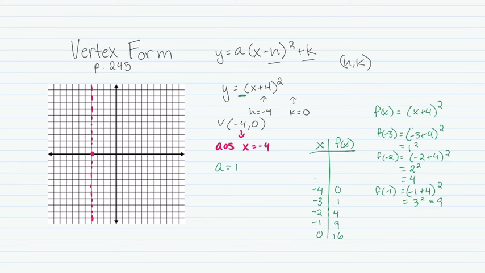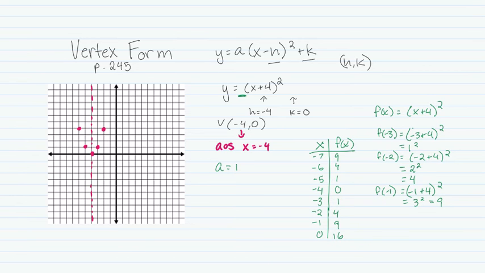So I can reflect that over my axis of symmetry and find these three points, 1, 4, and 9. And you could do the math legwork with that as well and graph those. So I'm going to graph those points, and I'm going to have (negative 3, 1) and (negative 5, 1), and then (negative 2, 4) and (negative 6, 4).